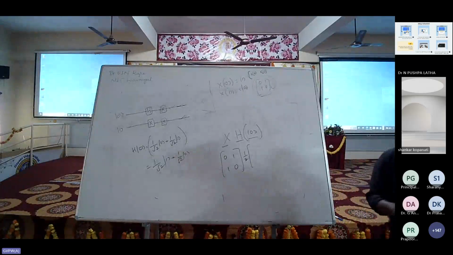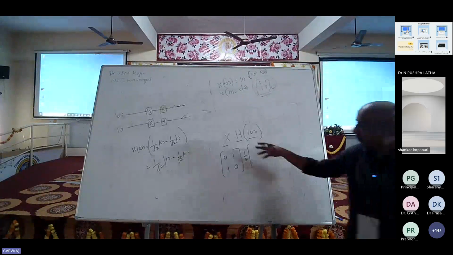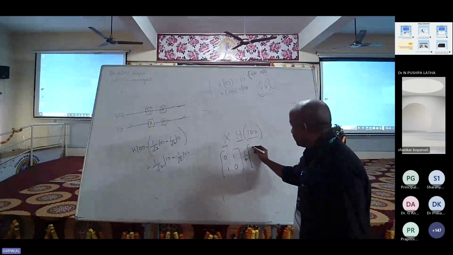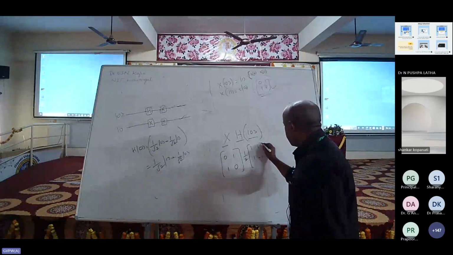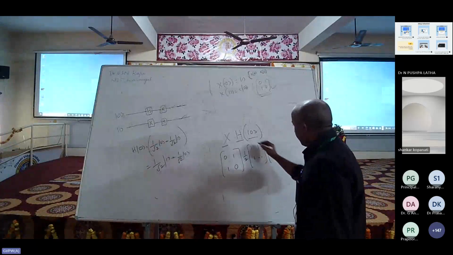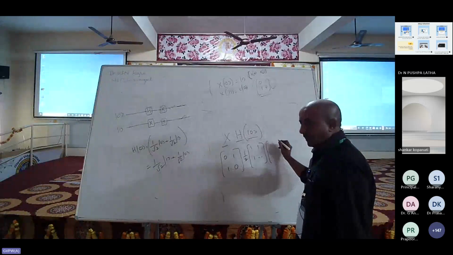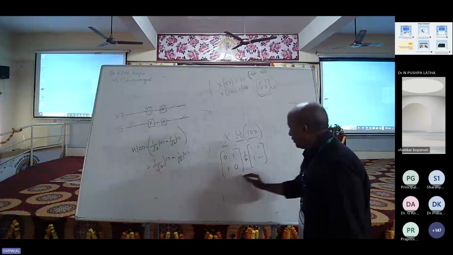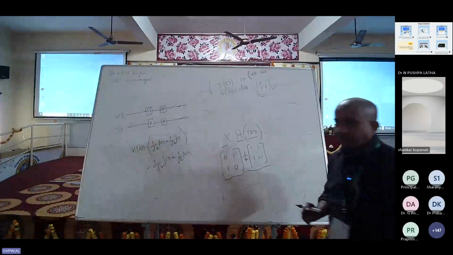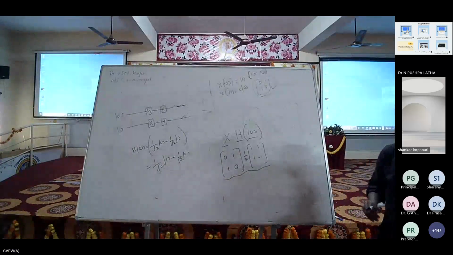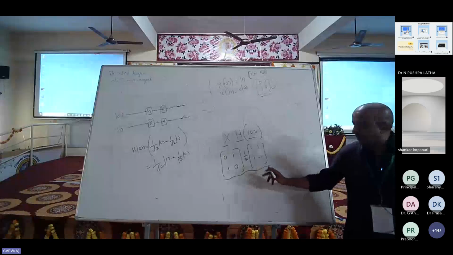Okay, sorry. You give Hadamard gate on everything. What is that? 1 1 1 minus 1 multiplied with this 0. First you do the matrix multiplication for these two. Do the matrix multiplication for this 1 by root 2.